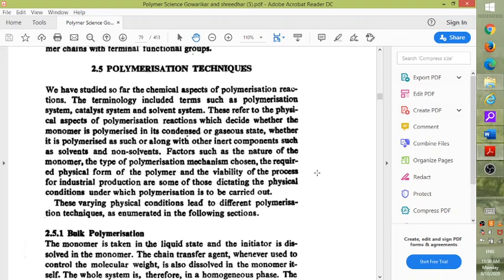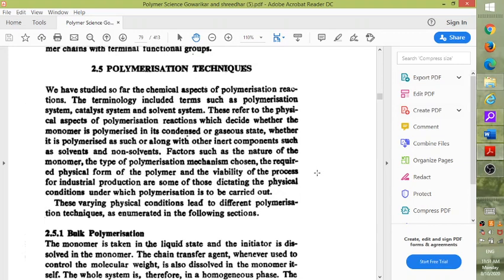So we have studied so far the chemical aspects of polymerization reactions. The terminology included terms such as polymerization system, catalyst system, and solvent system. These refer to physical aspects of polymerization reactions, which can decide whether the monomer is polymerized in its condensed or gaseous state, whether it is polymerized as such or along with other inert components such as solvents and non-solvents.